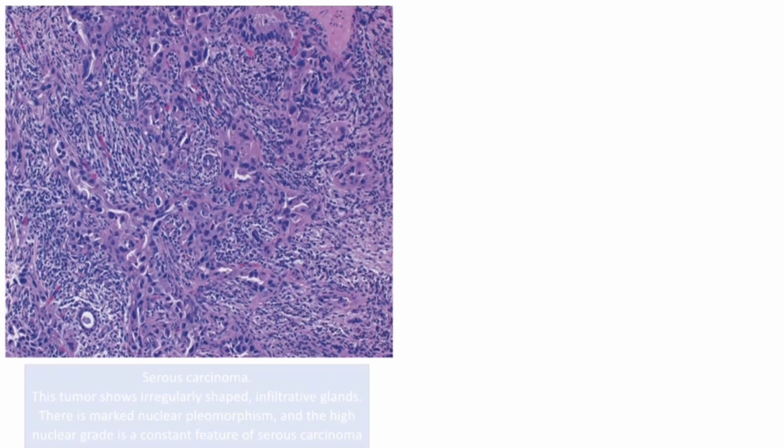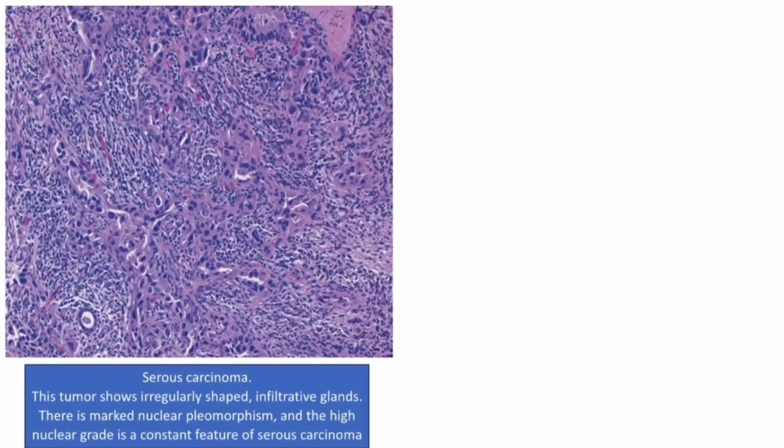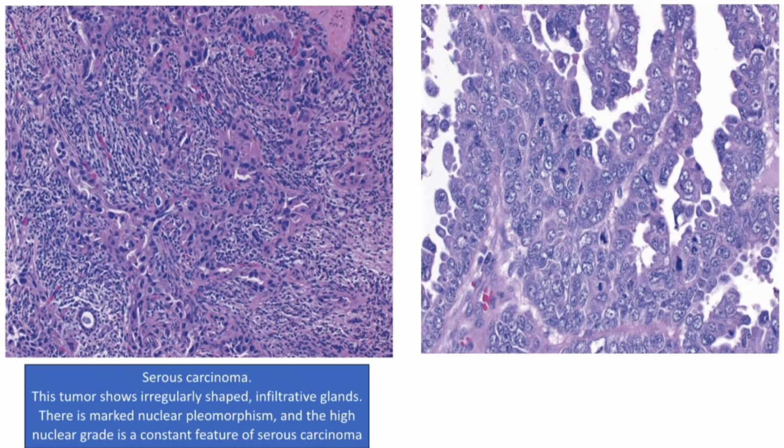So this is an infiltrative solid pattern, irregularly shaped. Some areas show slit-like spaces that may indicate glandular architecture, with nuclear pleomorphism, hyperchromasia, and high-grade nuclear features. This is a constant feature. This is the high power view. Easily you can appreciate nuclear high-grade features.